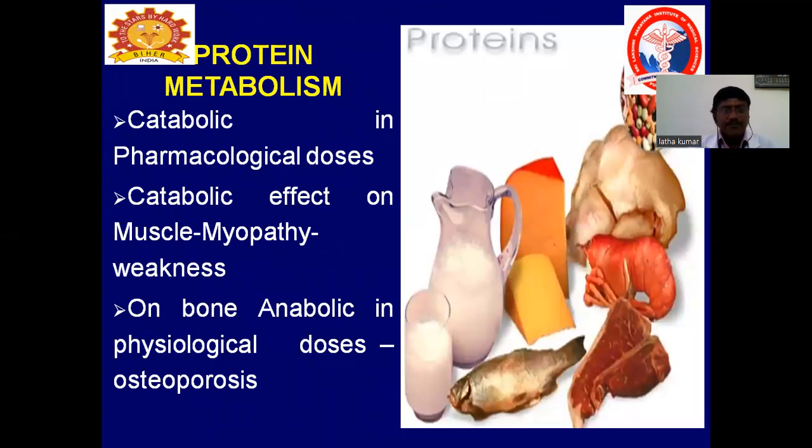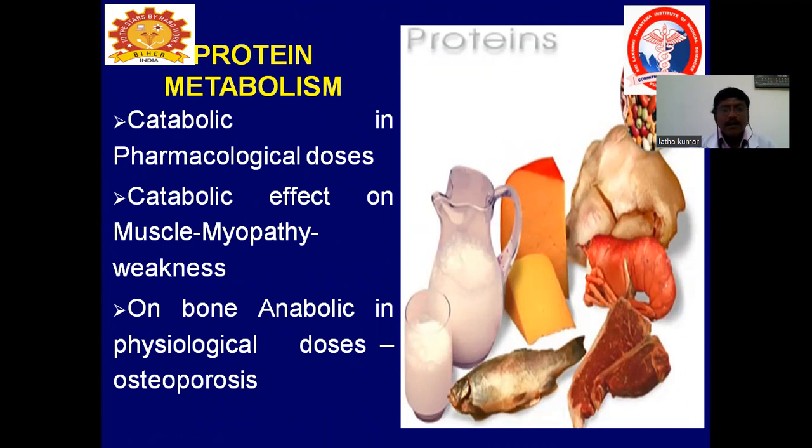Protein metabolism. Catabolic in pharmacological doses. Catabolic effect on muscle and myopathy weakness. On bone, anabolic in physiological doses, as well as the osteoporosis. So catabolic in pharmacological doses means what?